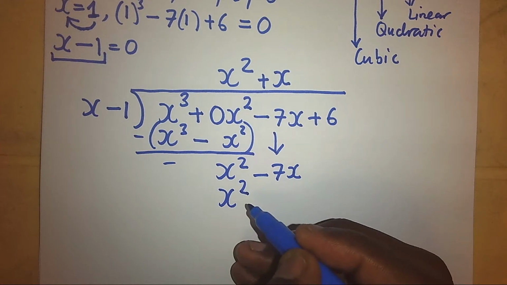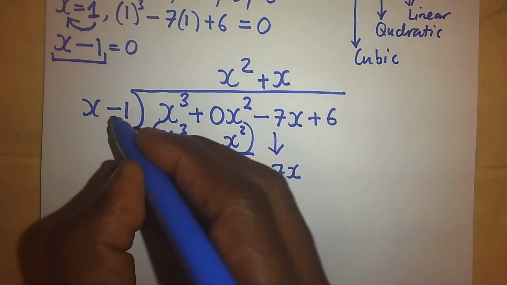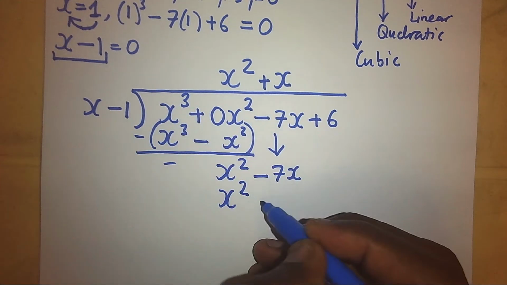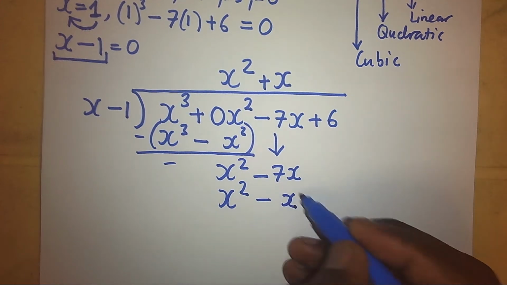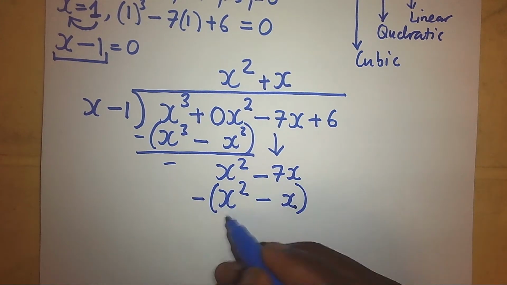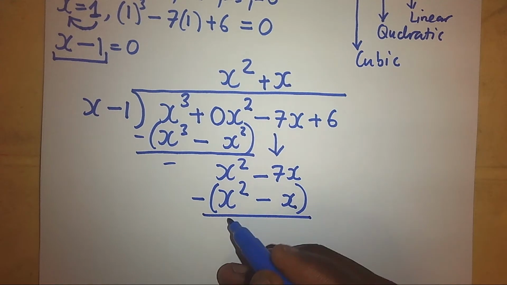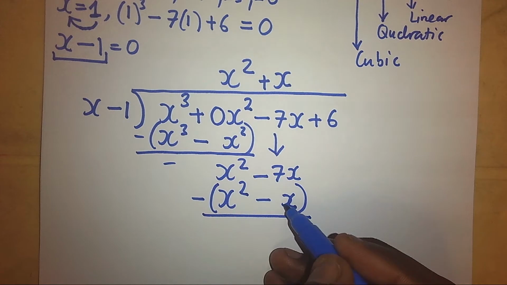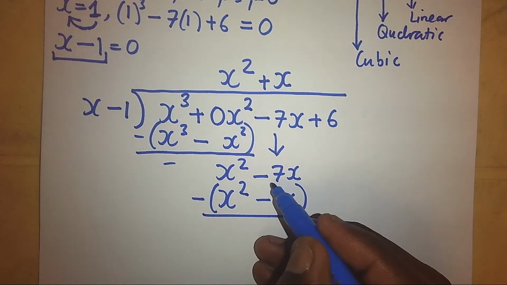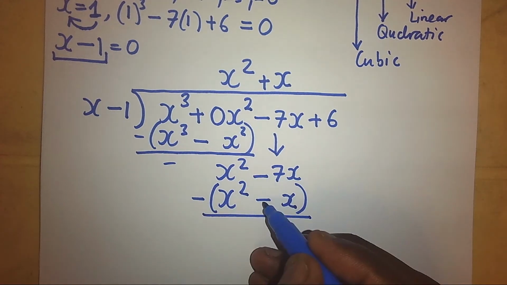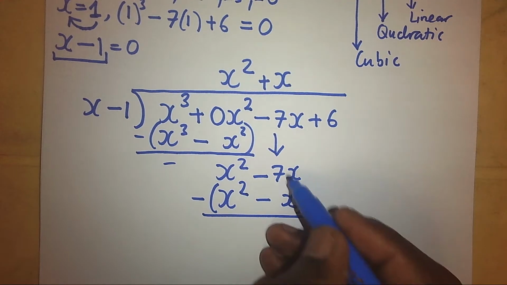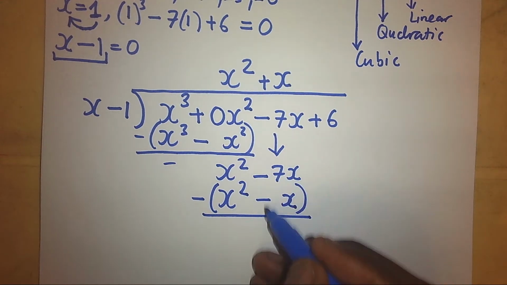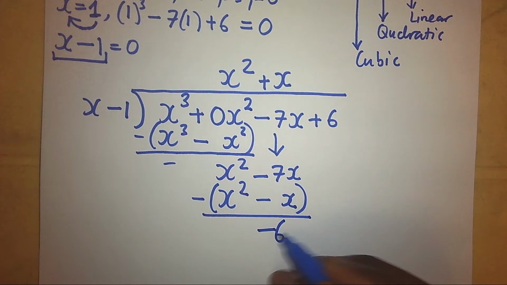Then x times minus 1 will give me minus x. After, I will subtract to eliminate x square. Minus 7 minus negative x is the same as minus 7 plus 1. This will give me minus 6x.